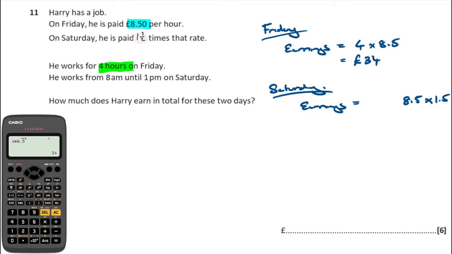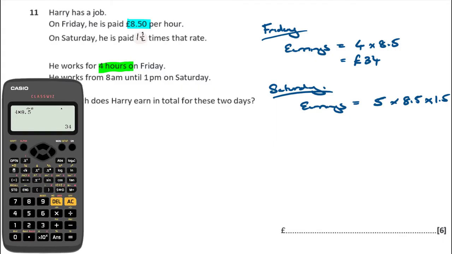How many hours is it though? From 8 a.m. to 1 p.m. So 8, 9, 10, 11, 12, 1. That's 5 hours, isn't it? So I'm going to multiply through by 5. So the 5 hours times the £8.50, which is a normal rate, multiplied by 1.5, which is the multiplier for his overtime rate for Saturdays.